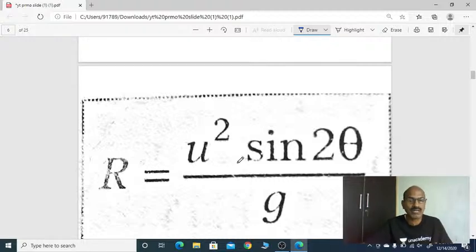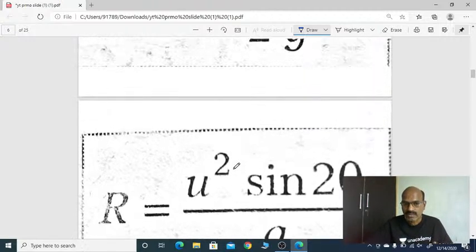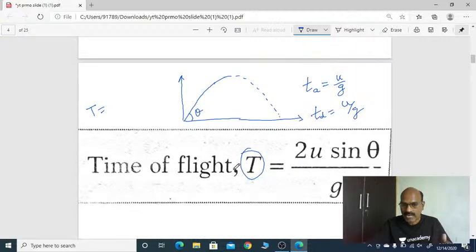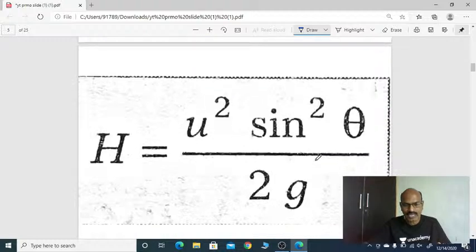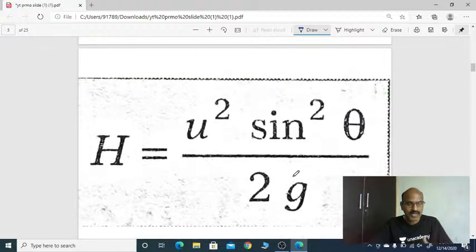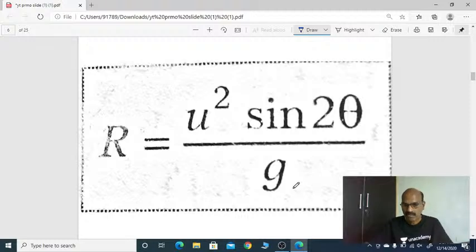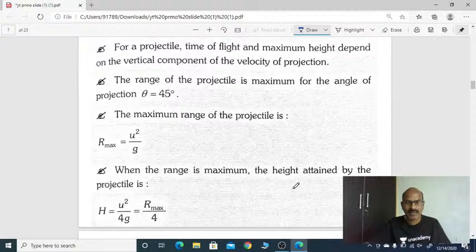This formula we all know very well. Time of flight is 2u sin theta by g. Here, the maximum time of flight will be 2u by g, the maximum height will be u square by 2g, and range is u square sin 2 theta by g.